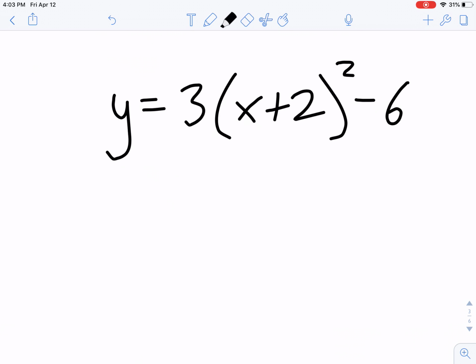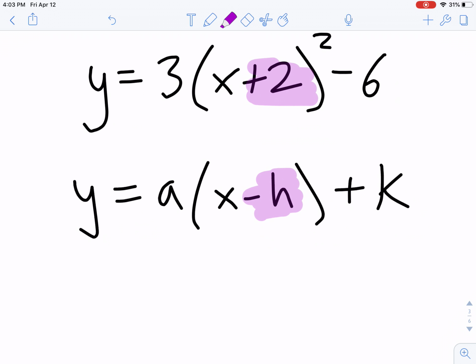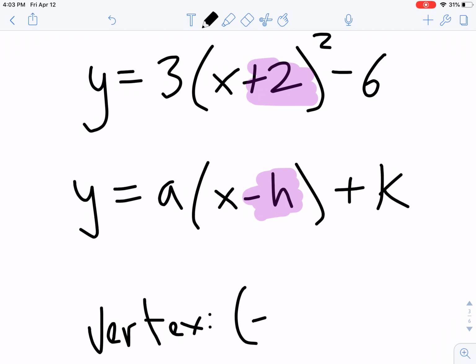All right, and now I can see my vertex. So my vertex is my h value. If I were to compare this to the formula, my h value is going to be -2, because in order to have minus h turn into a positive up there, that means I'm going minus -2, and that's how I got that positive.